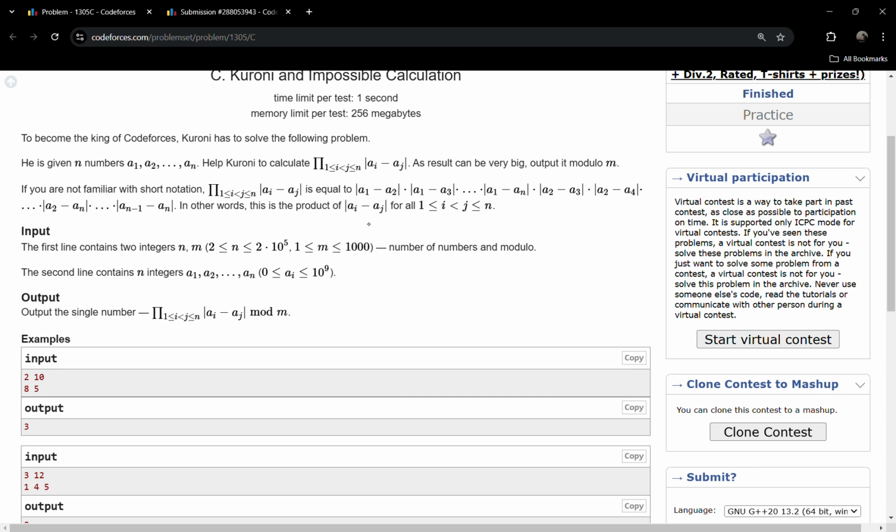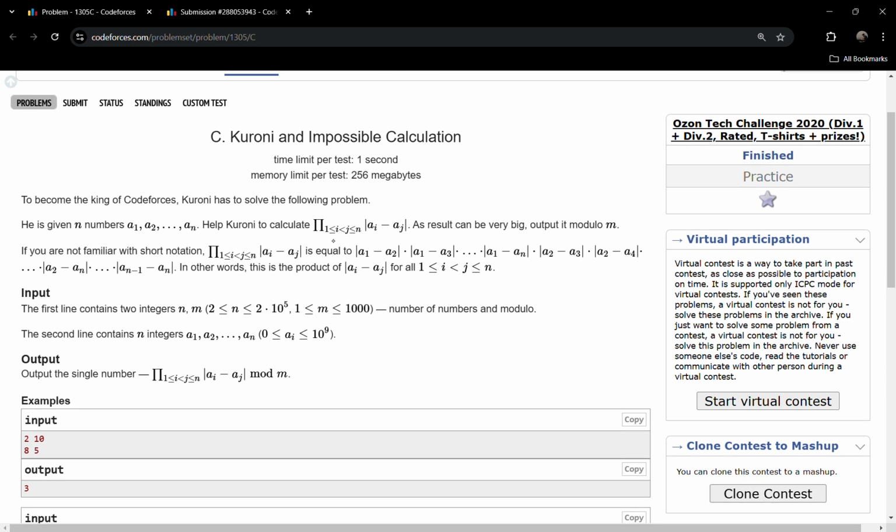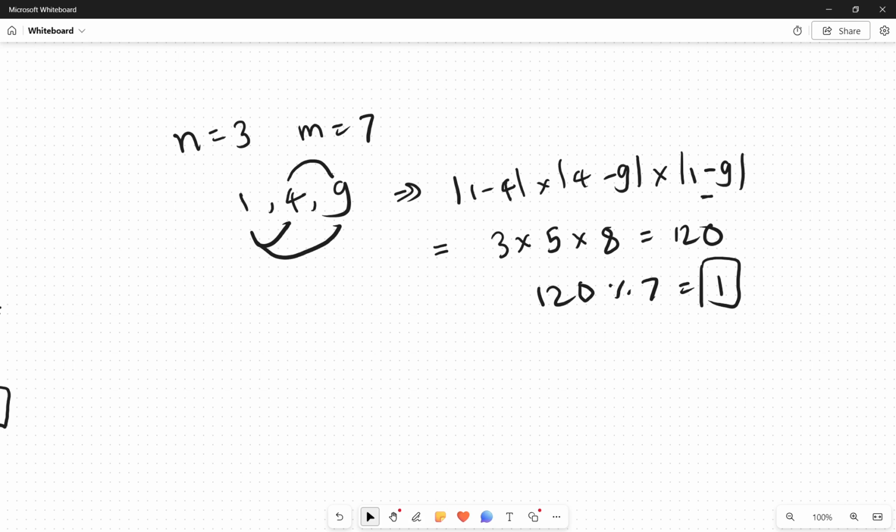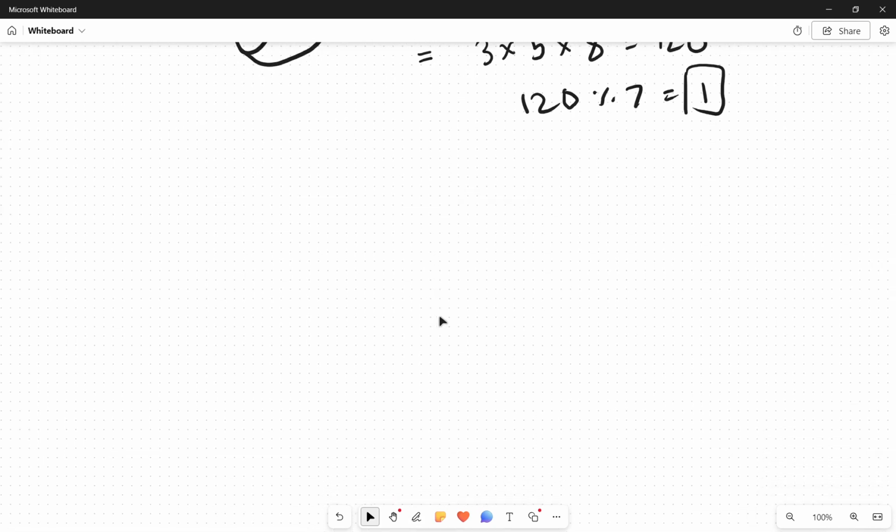But this is the clever observation in this question. Take a look at this m, take a look at its constraints. So m is going from 1 to 1000. So think, what is the worst case?